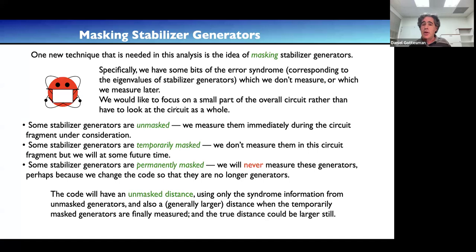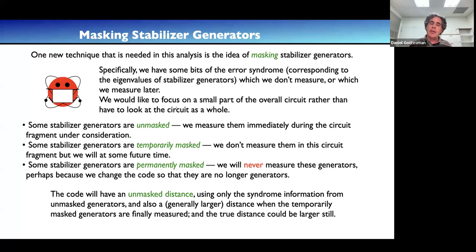If we make a measurement and the old stabilizer generator was incompatible with the measurement that we made, then we've erased the eigenvalue. It's gone. There's no information about it left in the state anymore. So we can never get that piece of syndrome information out. Or it might be because we just do other stuff and never get around to measuring it. That's a possibility too. But the distinction between temporarily masked and permanently masked can be important because when we start to plan ahead what we're going to do in the future, it's important to know which things are already kicked out, already impossible to measure.